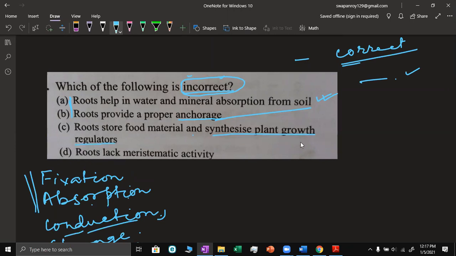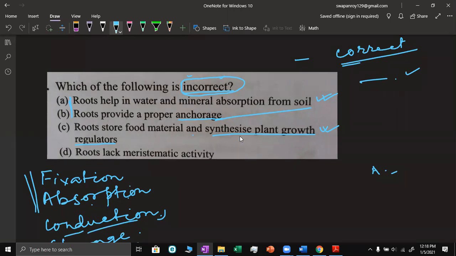This also is one of the important functions, that some of the plant growth regulators like auxin, cytokinins are synthesized in the fast dividing cells, meaning fast growing tissue of the plant.